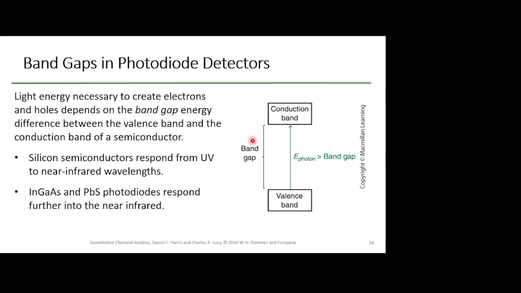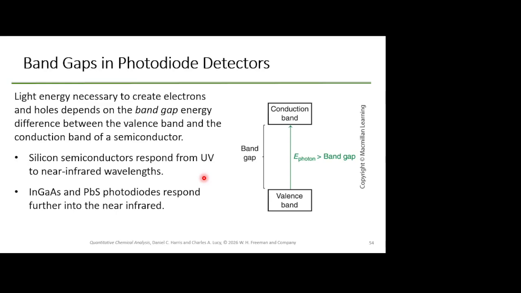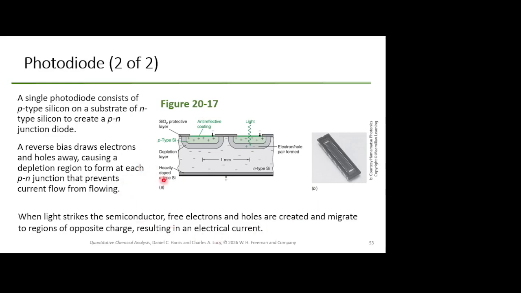Okay. This right here is that band gap. This is where this doped N-type silicon conductor comes in. By doping this in very specific ways, you can actually change this band gap right here. You can either make it smaller or larger. And so, if the energy of that photon is greater than the band gap, that's where you're going to get the electrons migrating, and you're going to get that difference in electron and hole.